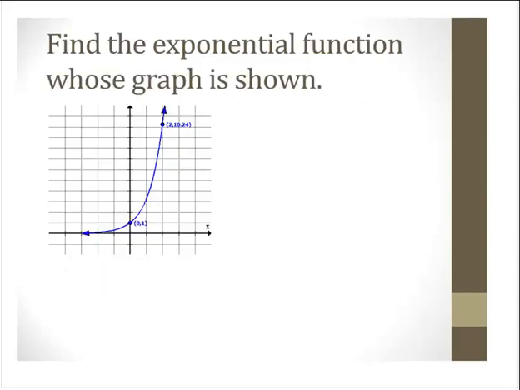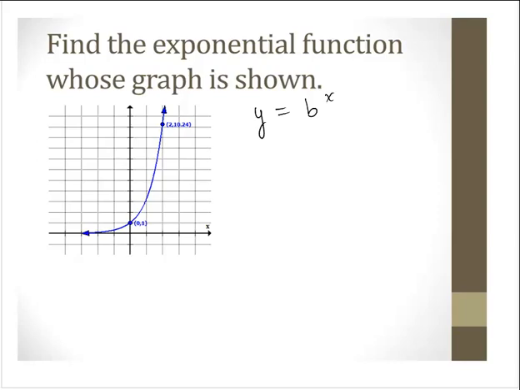All right, so let's find an example. Let's look at this example. We want to find the exponential function whose graph is shown, and we're given a couple of points here. We see the point 0, 1, and we see the point 2, 10.24. So for an exponential function, I'm going to assume at this point that we're looking for something of the form y equals b to the x.